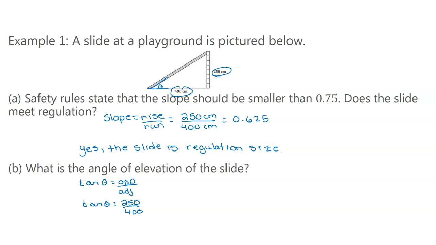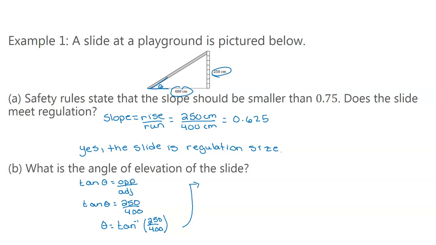Now, to find the angle, we need to use a special button on our calculator. It's called the inverse tan button. It should look like this. Tan with a little -1. So you might need to press second function on your calculator or shift tan in order to access this tan -1.